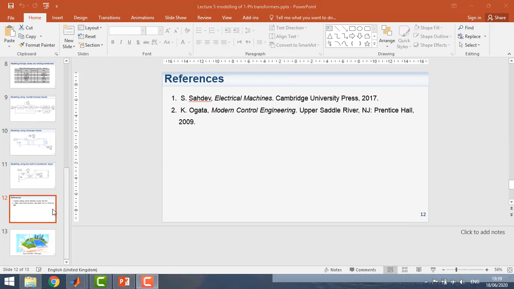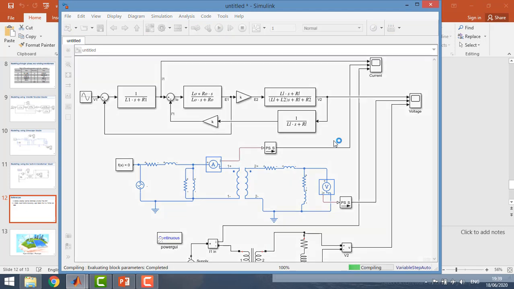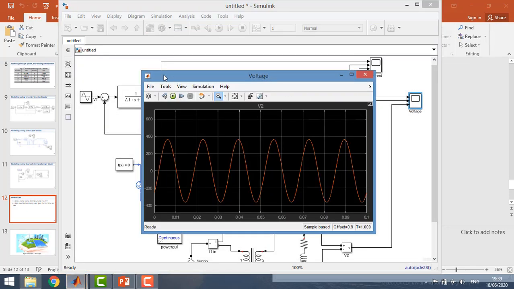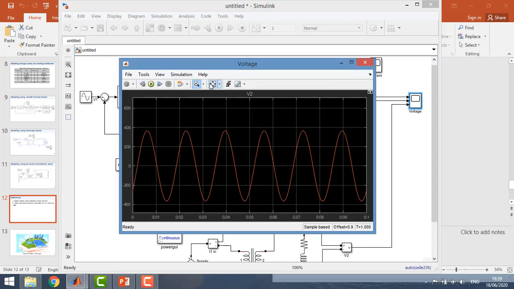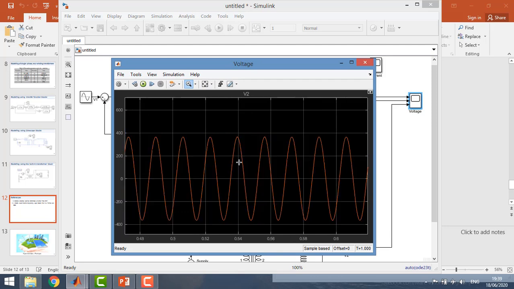Alright, so let's go back to the model and check the results of the three models. Okay, so the three signals from the three different models seem to be identical.